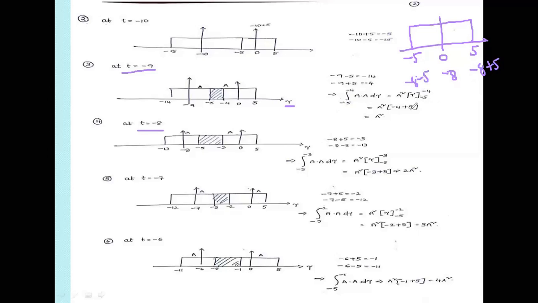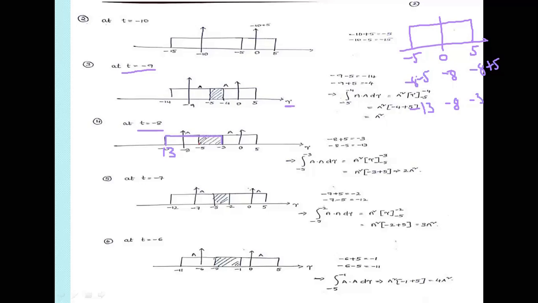So minus 8 minus 5 is minus 13, and minus 8 plus 5 is minus 3. So it still moves. It had minus 14 and now it is minus 13. Minus 13 and minus 3 is the graph for the shifting value.